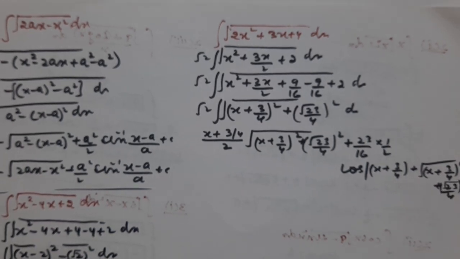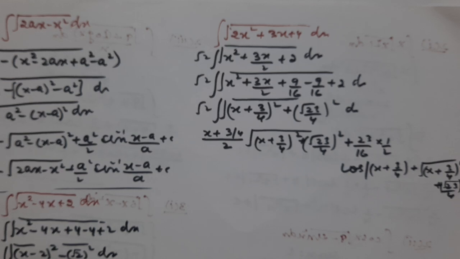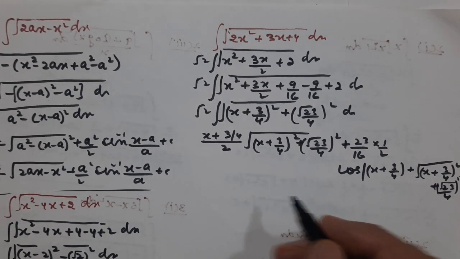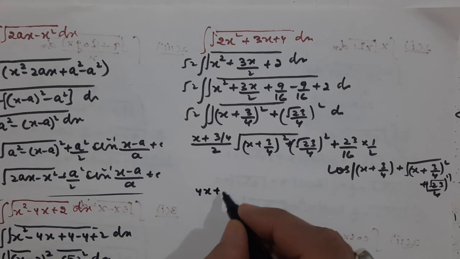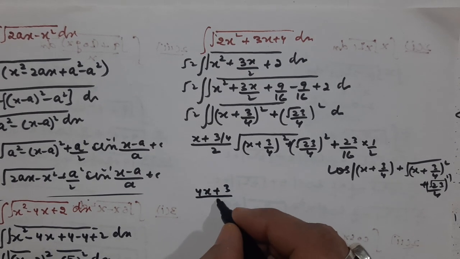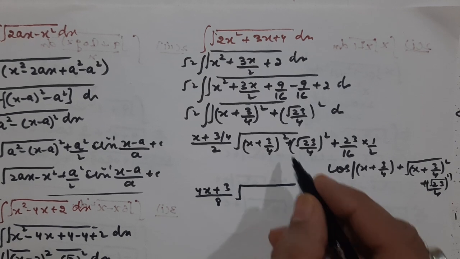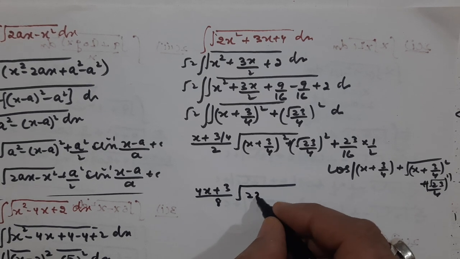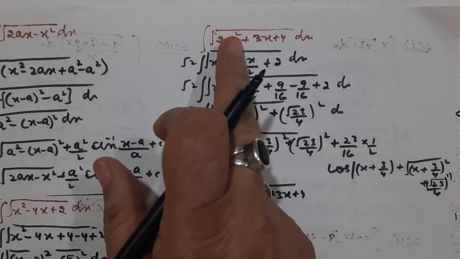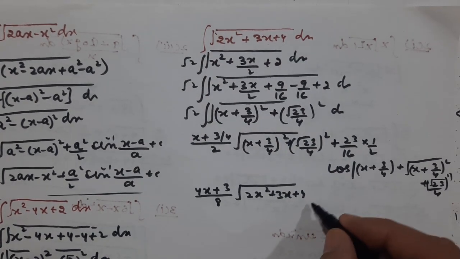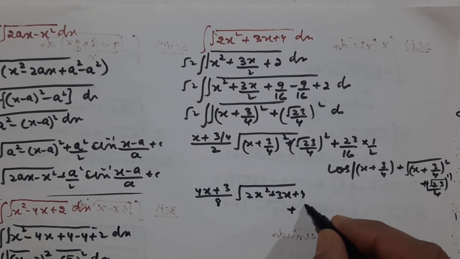Now students, making it simple, we have to solve this a little so that we get the answer. So taking the LCM of this, we get 4x plus 3 upon 8, and on solving this bracket we get 2x square plus 3x plus 4, which is given to us in the beginning, the same comes here, plus 23.